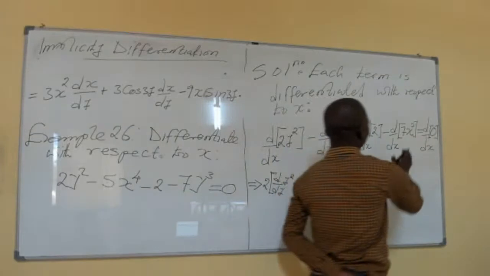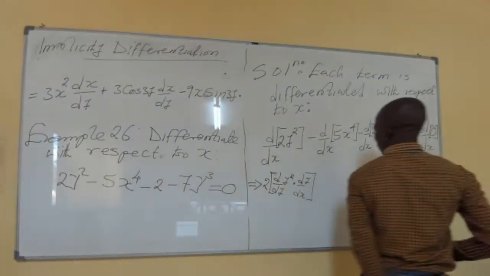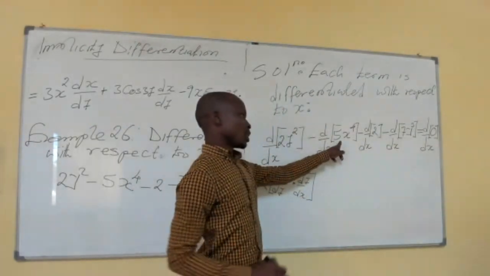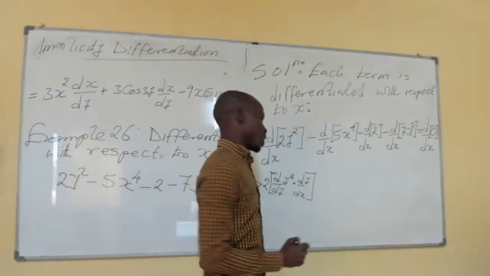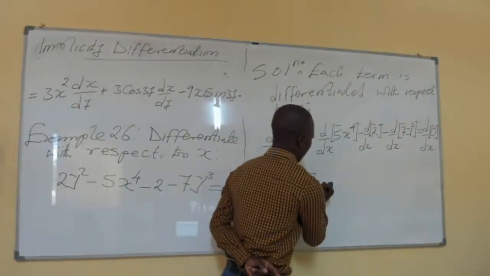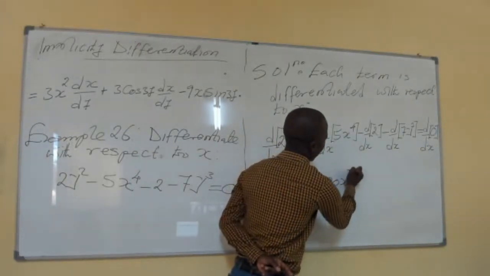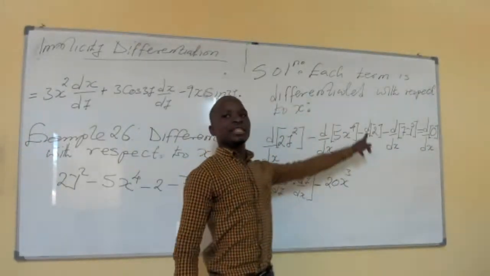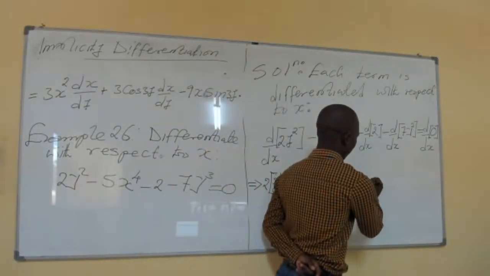The derivative of 5x power 4 with respect to x will just give us minus 20x power 3. The derivative of a constant is equal to 0.